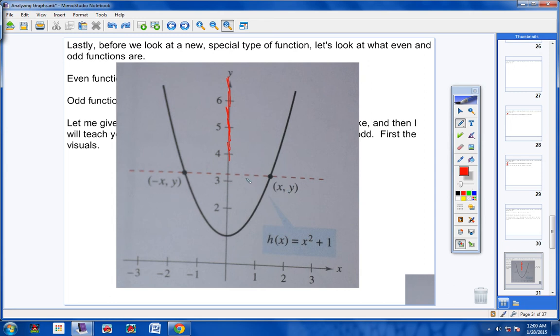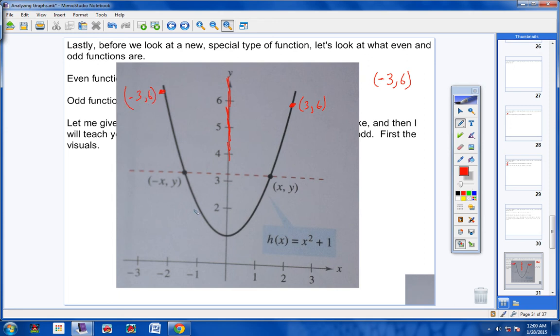For example, let's pretend that we have (3, 6) right here. Well, if (3, 6) lies on this graph, change the sign of the x value only, and you're guaranteed that (negative 3, 6) also appears. Obviously it's not actually there, because we just pretended, but there it is, (negative 3, 6), and that will continue on and on.